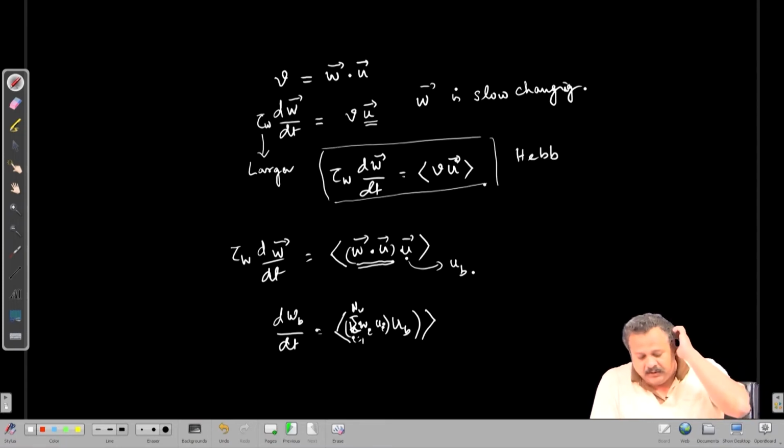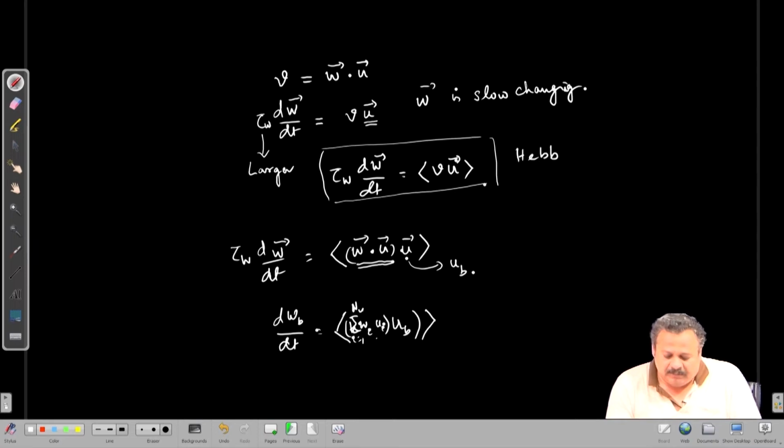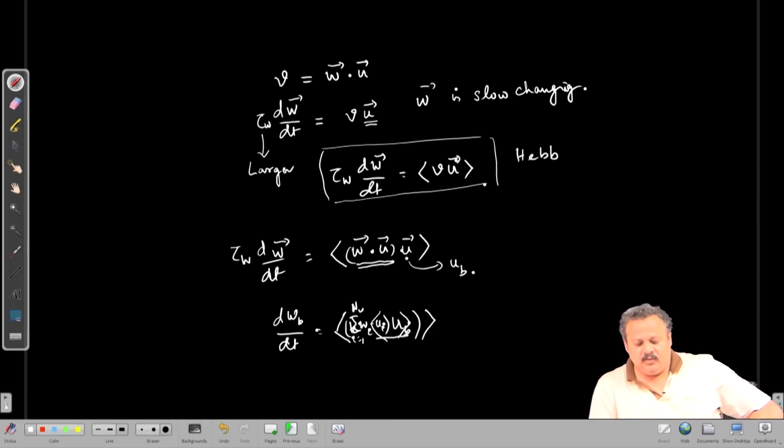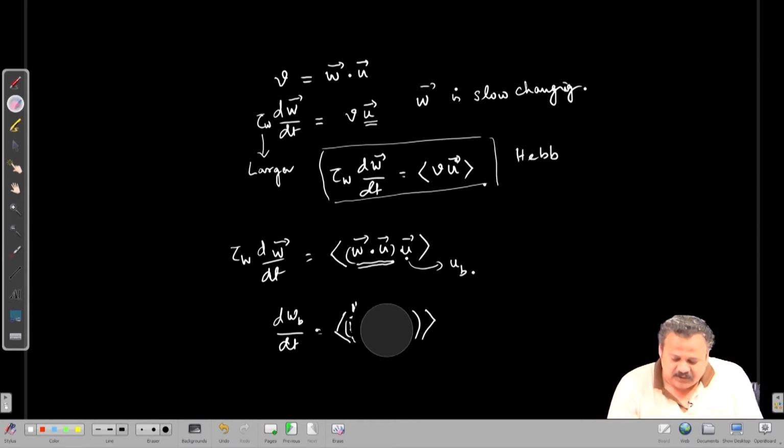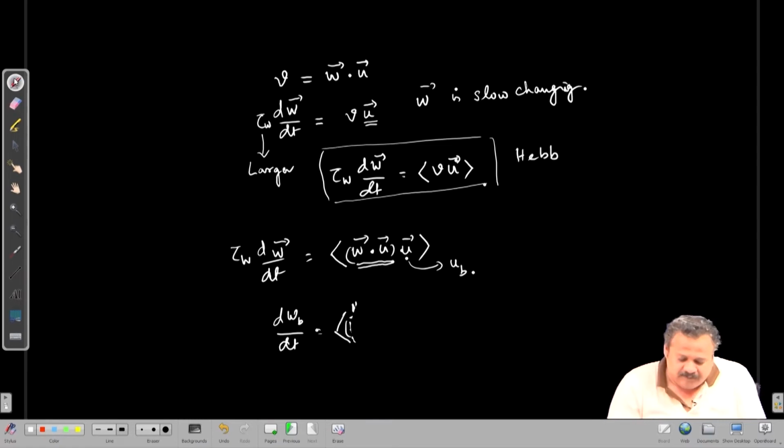Now, as you can see, when we average this, we will end up averaging the correlations in U within the input, that is U_b' U_b, or U_i U_b. So, let me not write it in this manner with two averages.